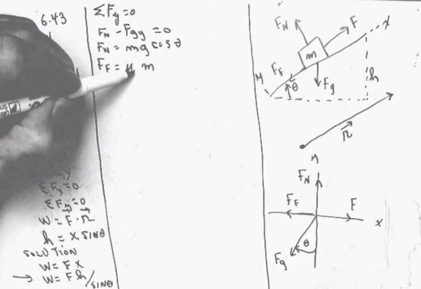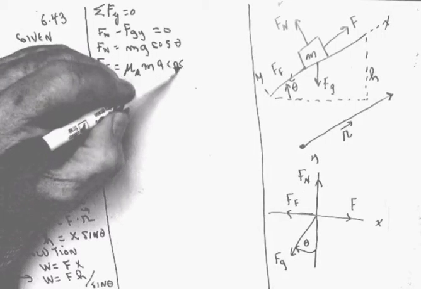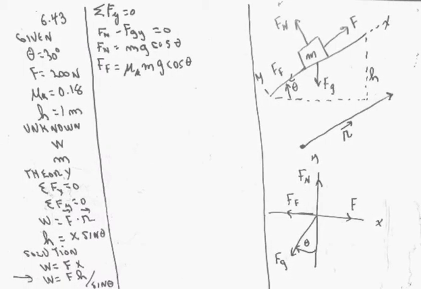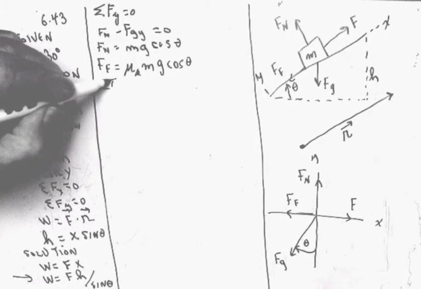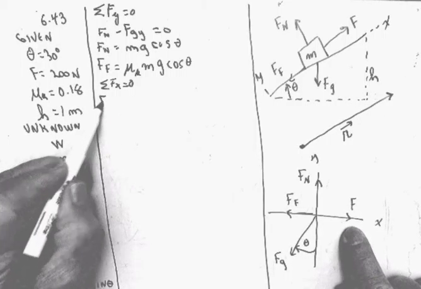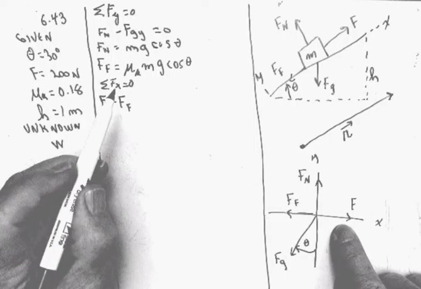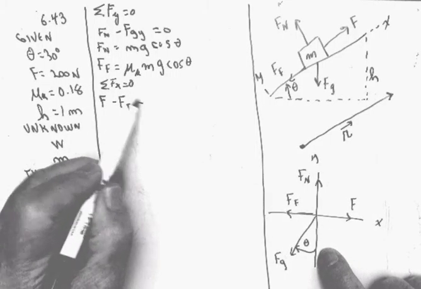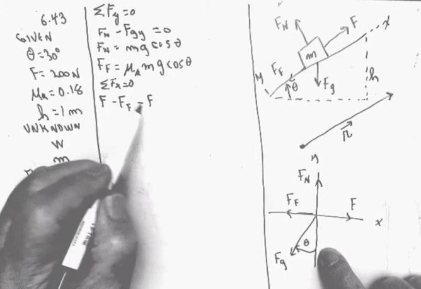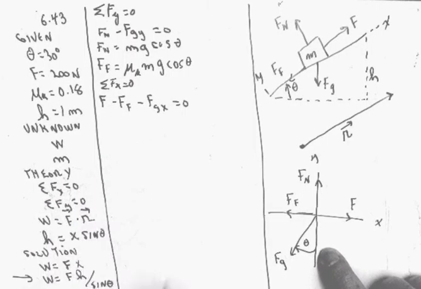So that'd be mu sub k, mg cosine theta. Now I have to also satisfy the sum of the forces in the x equals 0. So I go to my free body diagram and see that I've got a positive F minus the force of friction and then minus the x component of the force of gravity. When I sum those up, I should get 0.